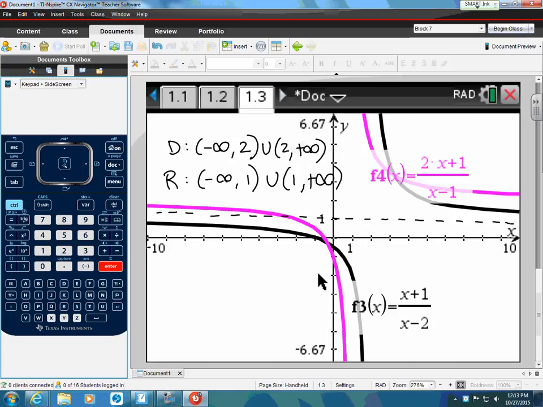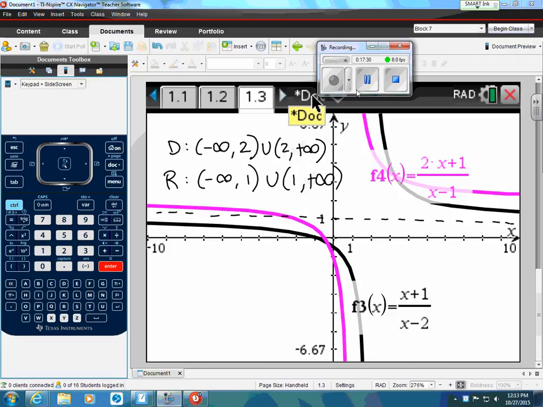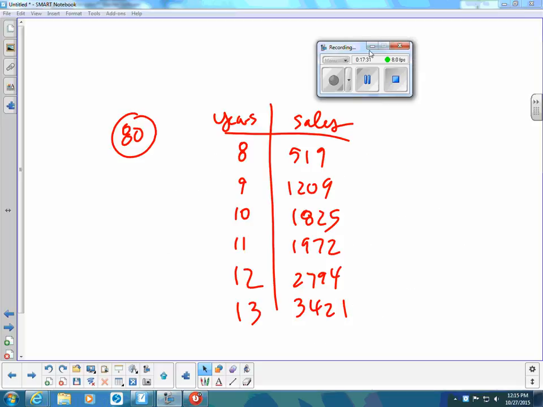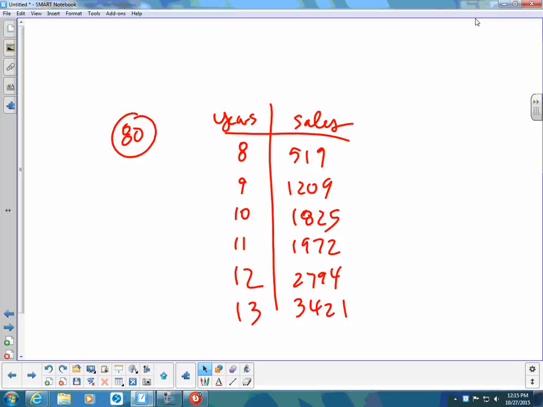Okay, let's take a look at number 60. Morgan? Okay, so if we're looking at number 60, here's the data, and the question was asking you, does the inverse exist? How do we tell whether the inverse exists? If we were to plot these points, would they pass a horizontal line test?